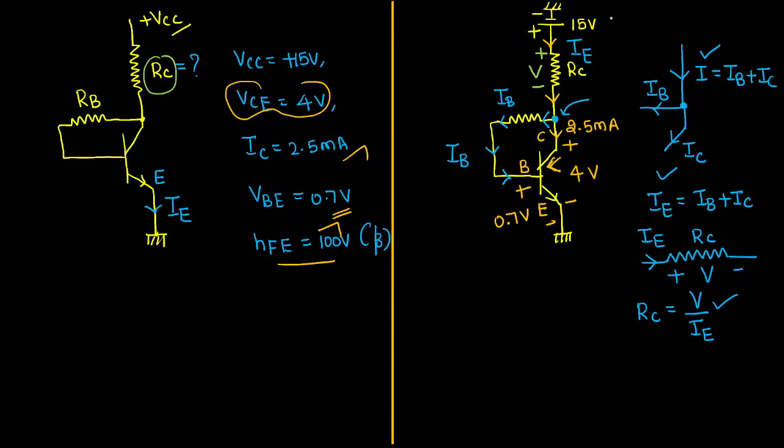Now, can you please apply KVL from collector to emitter in the downward direction, directly from top to bottom? What will you figure out? See, there is one battery, and then we have our RC resistor, then the transistor will be replaced through collector to emitter.